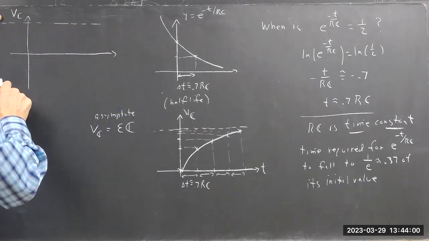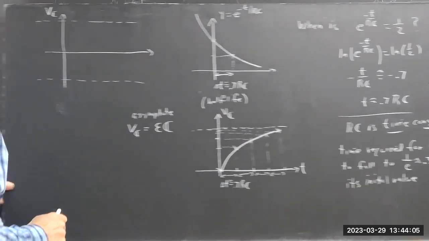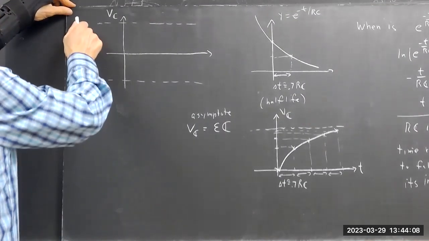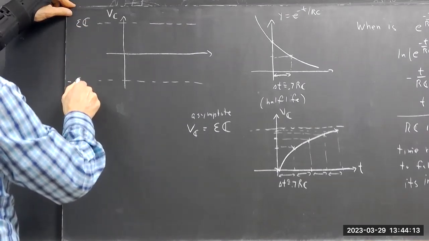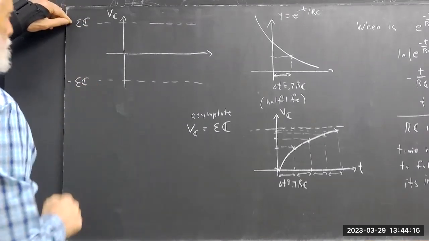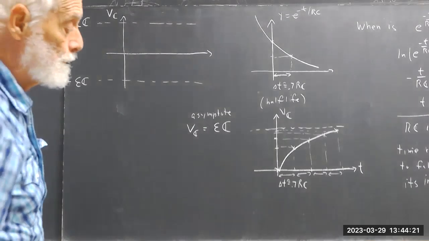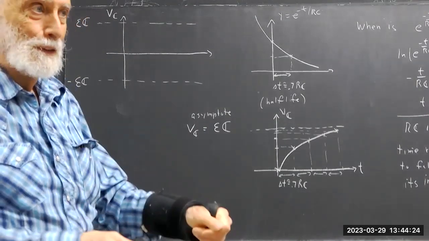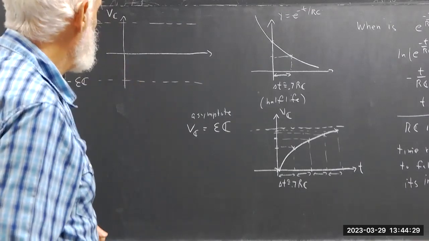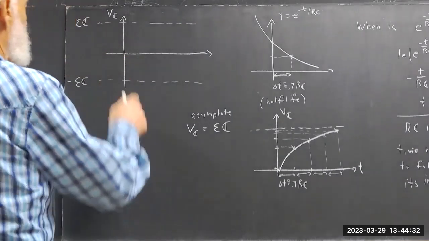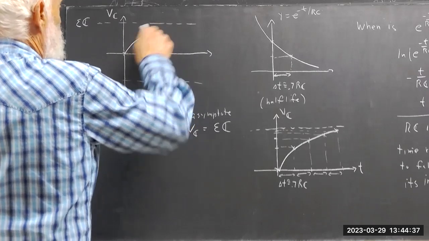We've got our asymptote here, and we've got an asymptote on the other side here. This is EMF times the capacitance, and negative EMF times the capacitance. We reverse the leads on our circuit, which means maybe we start here and let this thing approach this asymptote for a while.